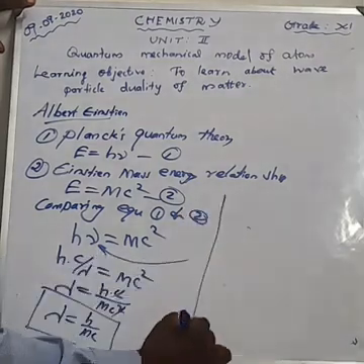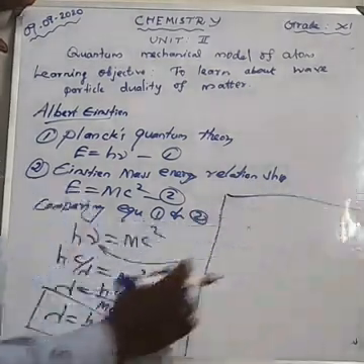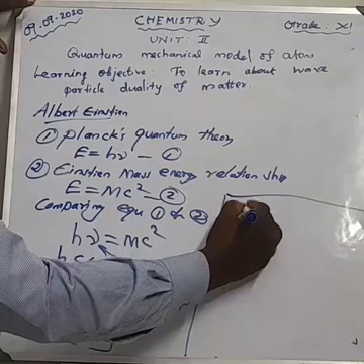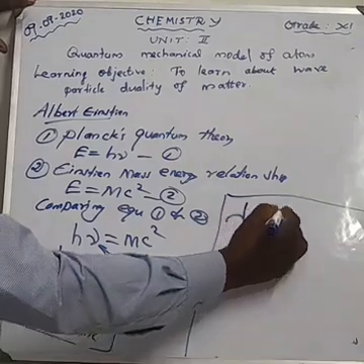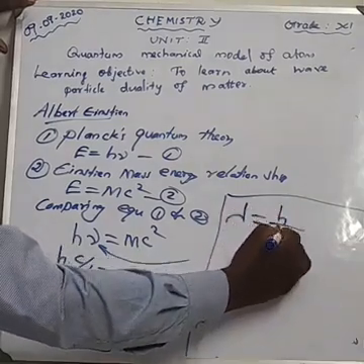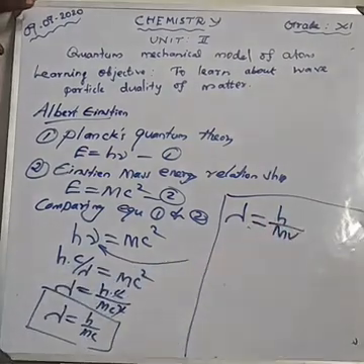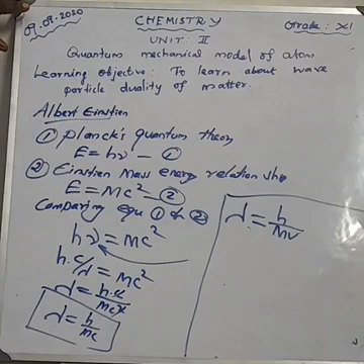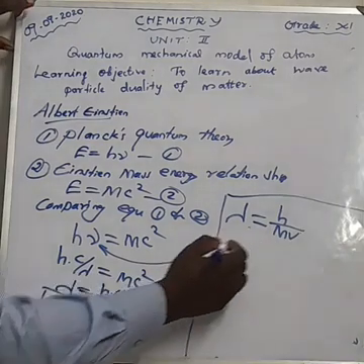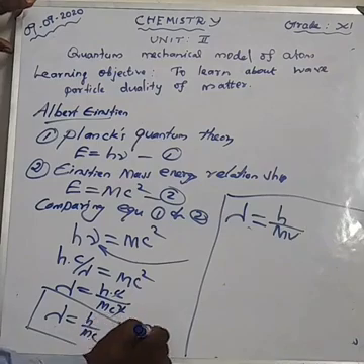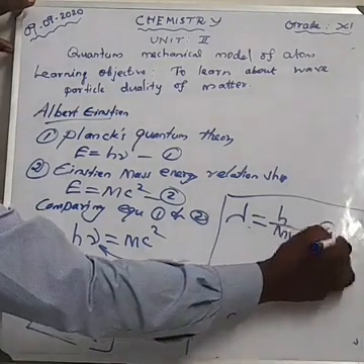The above equation can be written as lambda is equal to h by mv. That is mass into velocity. This is the third equation and this is the fourth equation.